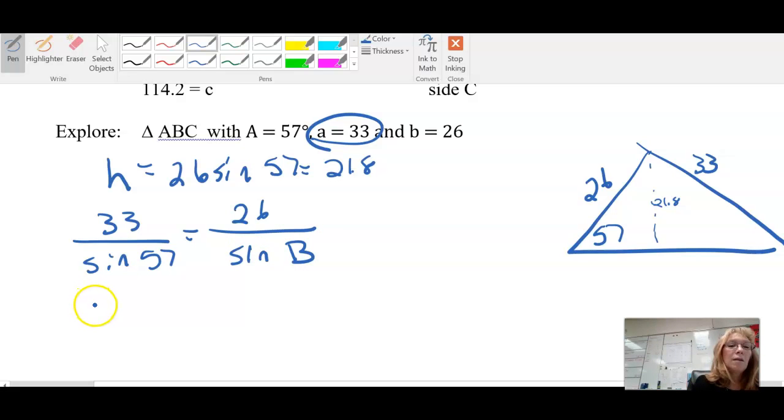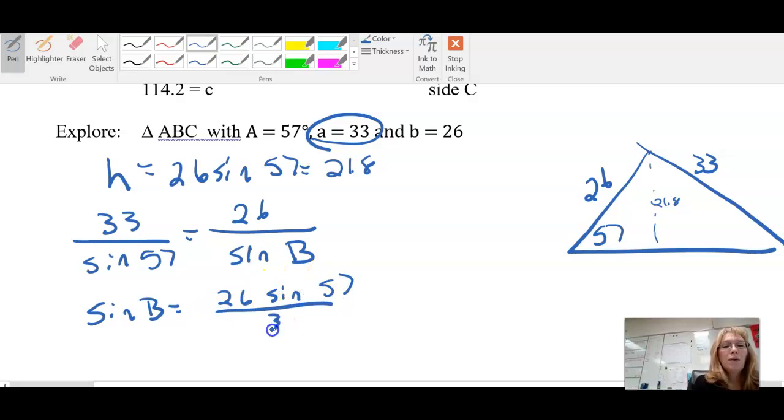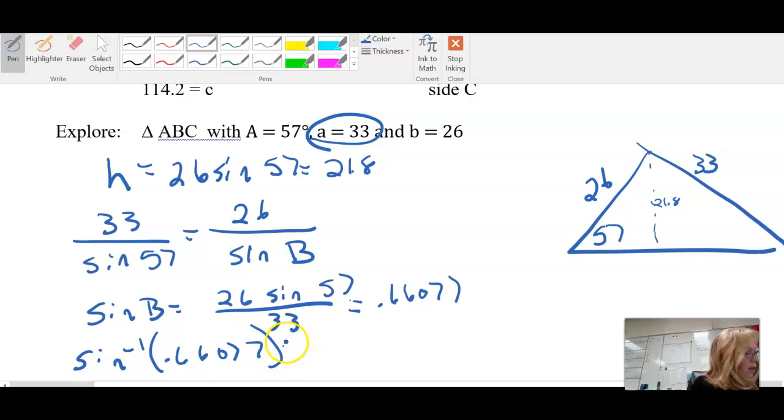We're trying to find the sine of B. So we know the sine of B is equal to 26 times the sine of 57 divided by 33, which equals 0.66077. Remember, don't clear. Do your inverse sine of that answer, and you should get roughly 41.35, which rounds to 41 degrees.